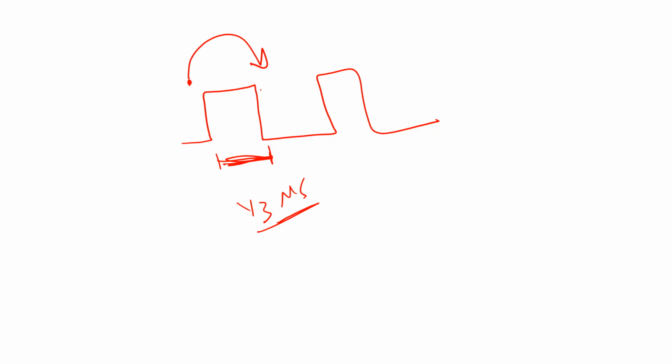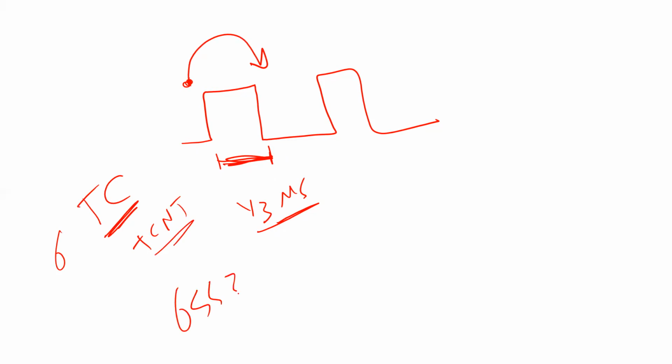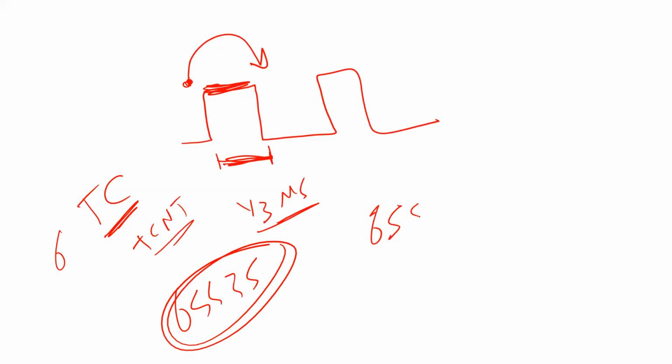This count cannot be more than 65,535, because TC and TCNT are words, right? So this is the maximum time I can generate here.